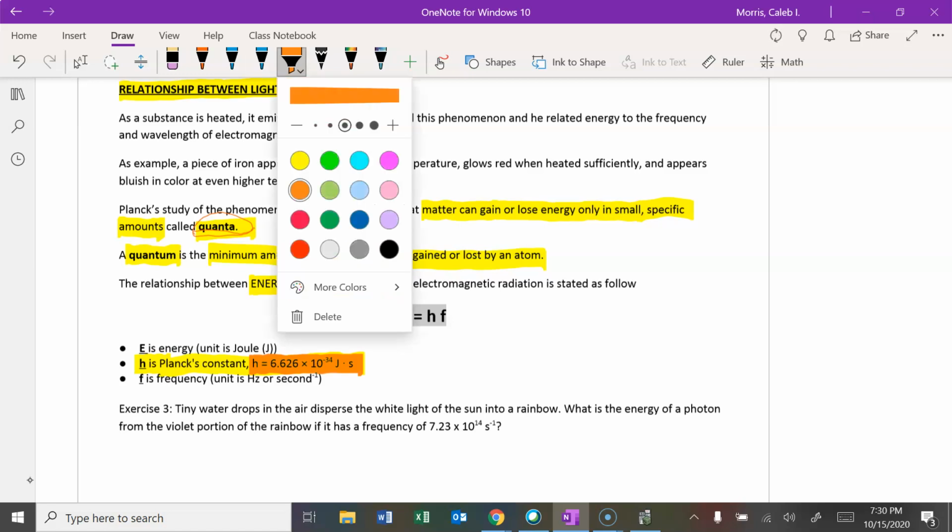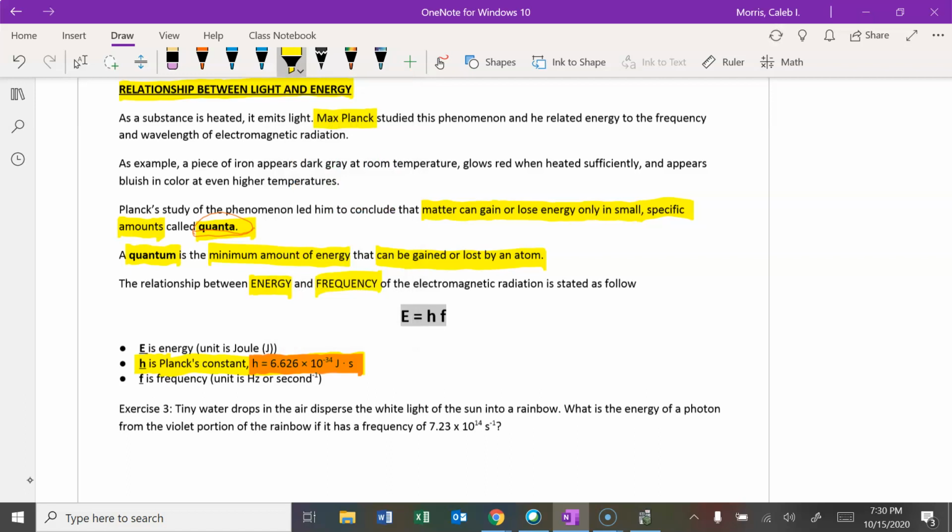And that's important because it comes into how we're going to be solving these problems. E is energy, and the unit we're going to use is joules. We use a capital J to represent it. F stands for frequency. We've already seen frequency, and its units are always going to be hertz or inverse seconds. Remember, sometimes we write inverse seconds as just s to the minus 1.